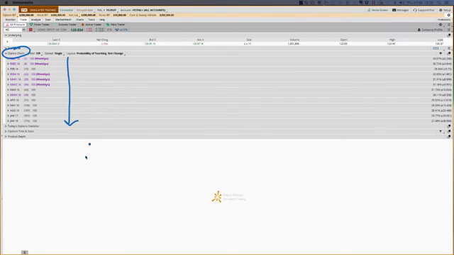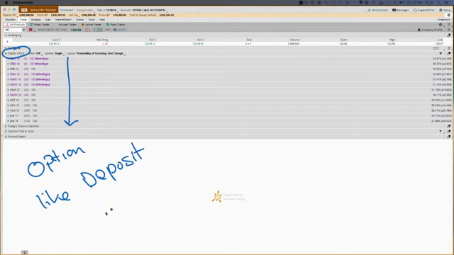Just to remind us, for those that are new to options, the simplest way to think about an option is it's like a deposit. If I was to go into a car dealership and I said, I really like that car in the corner, but I don't know if I want it, I'll make my decision at the end of the month.